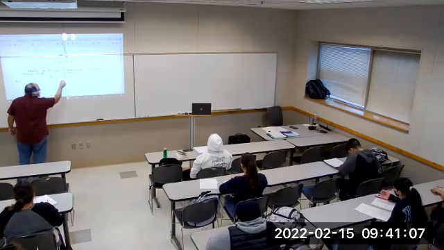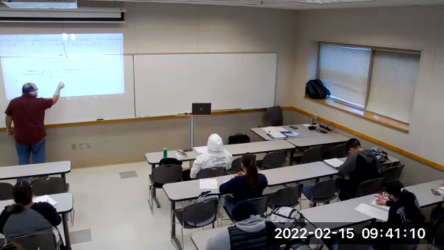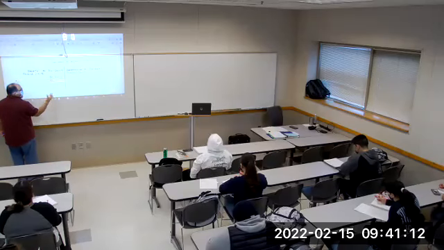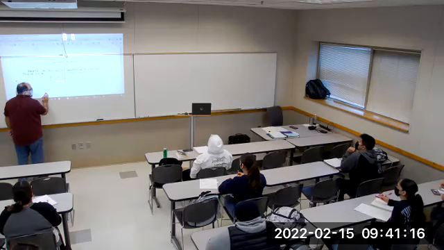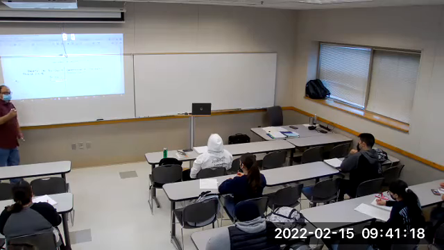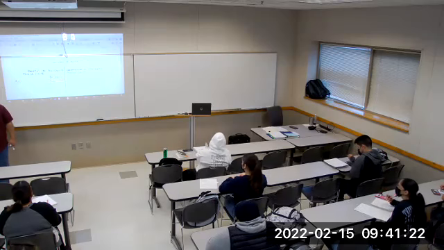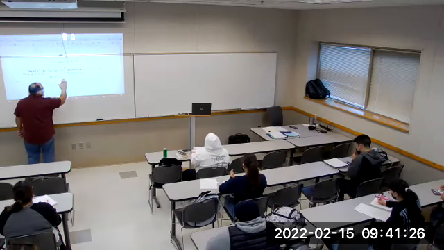Subtract 8x, subtract 8x. Now, some of you, when you're doing your work, you subtract an 8. 8x minus 8 does not do a single thing. All you did now was create something weird.